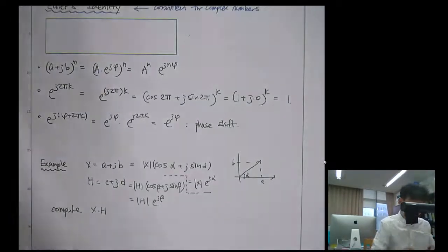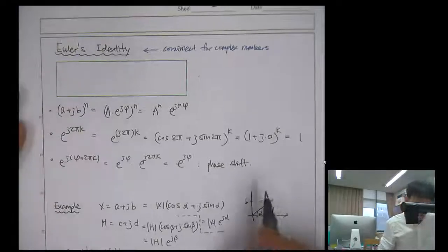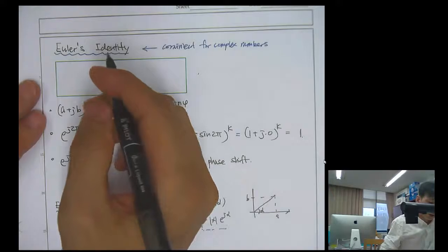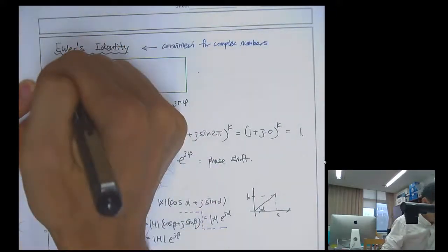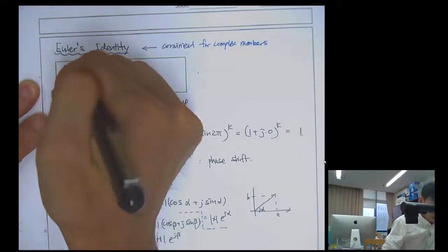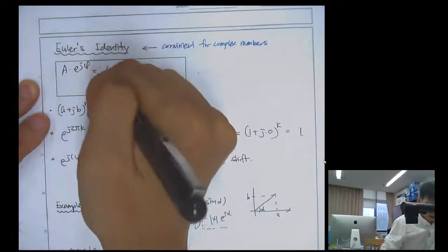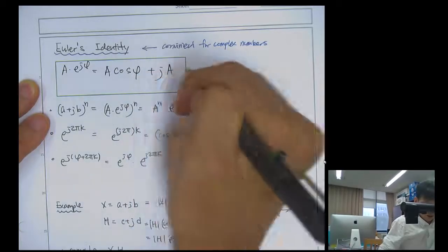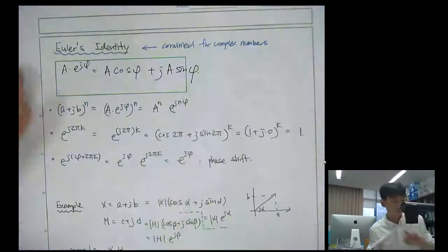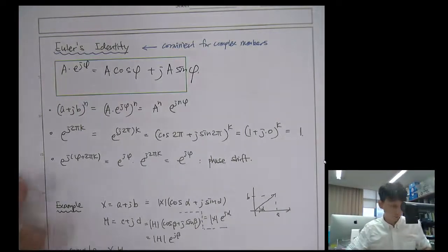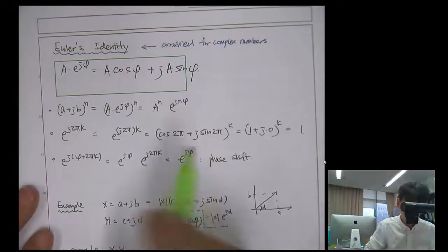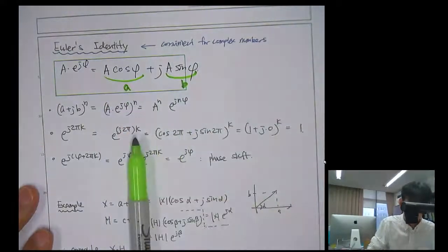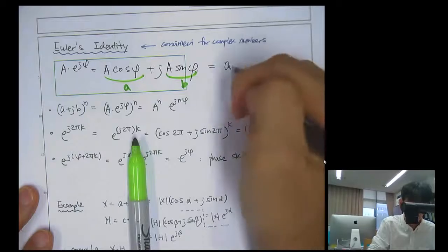You've seen this one before in the previous lecture. It's very convenient to use this identity: A e^(j phi) is a cosine phi plus j a sine phi. And of course this can be a or this can be small b, so then it will be a plus jb.